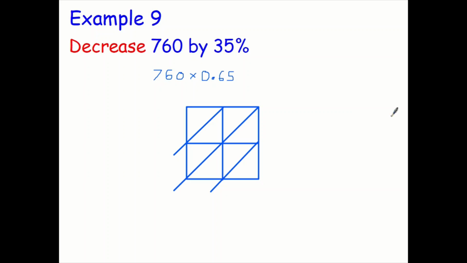I'm going to ignore the 0 there and just say 76 multiplied by 65. 6 6s are 36. 6 5s are 30. 7 6s are 42. 7 5s are 35.